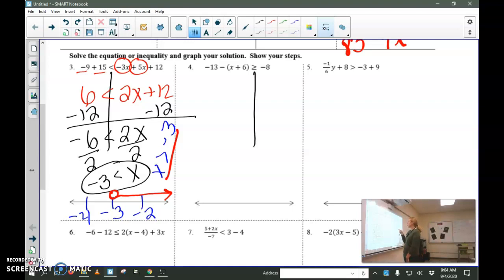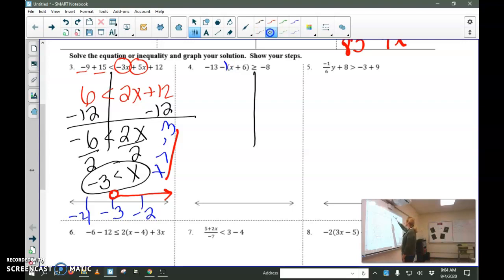I do have a group of parentheses, and there's no number in front, which means technically that number is a 1. Like I said earlier, we have to do multiplication or the distributive property before I can subtract the -13 with the -1.